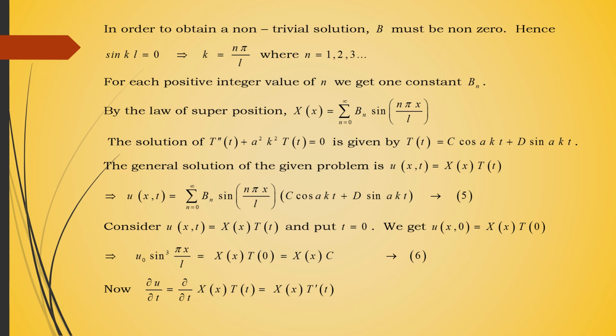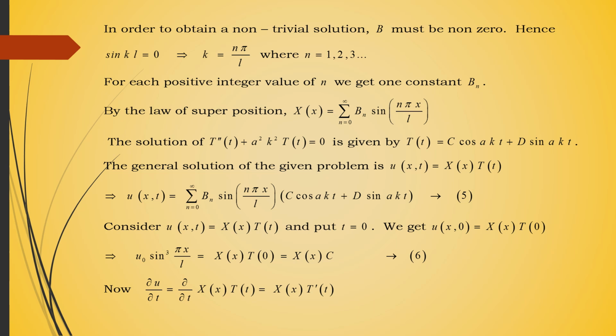Because cos 0 is 1 and sin 0 equals 0, we get T(0) = C. So u(x,0) = X(x) T(0) implies u(x,0) = X(x) times C.